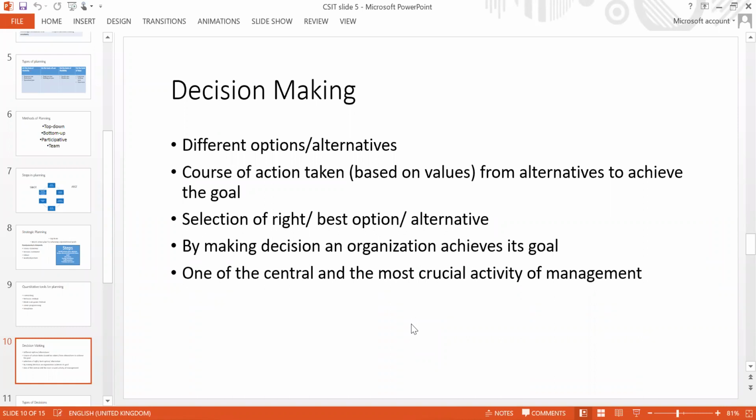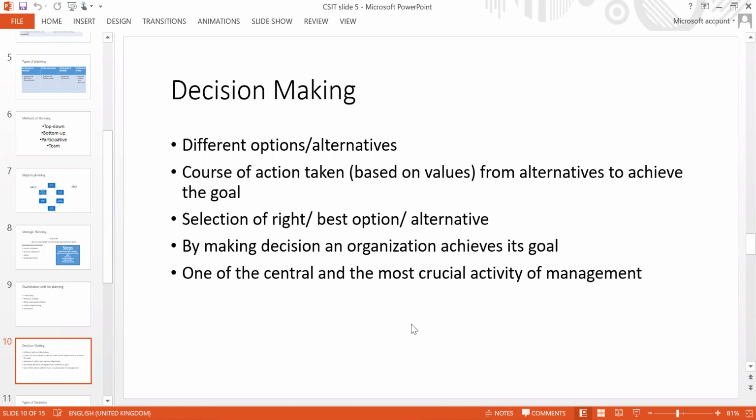So as a manager, you have to select the right and best alternative. It is good decision making if you are able to select the right option among the alternatives that you have.